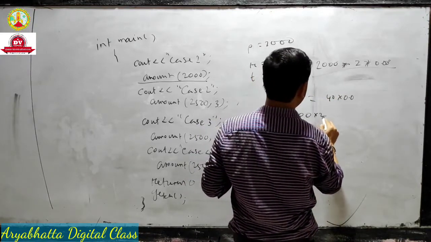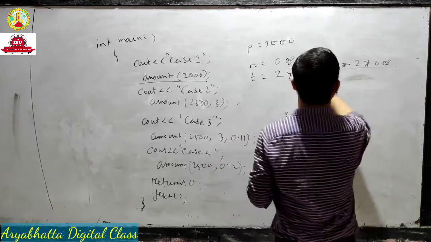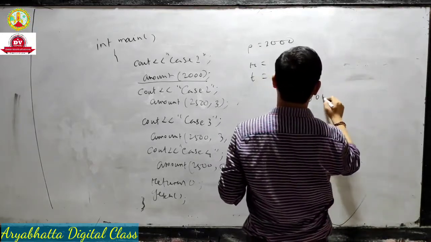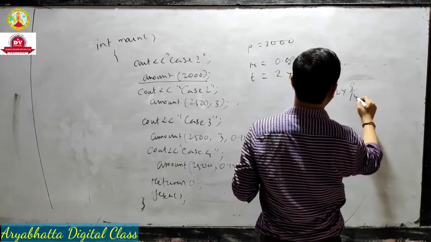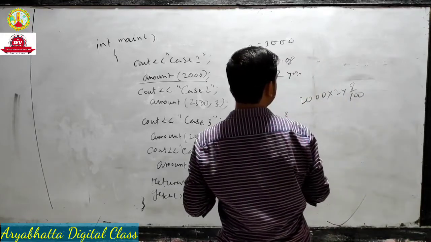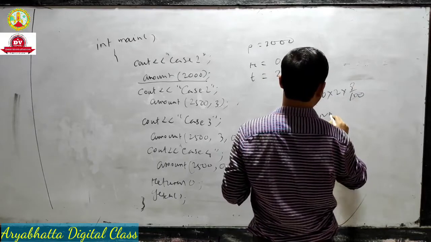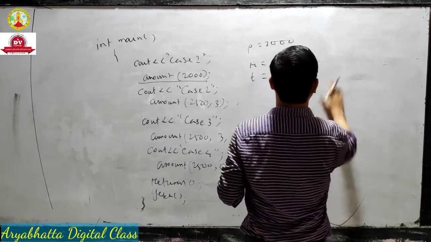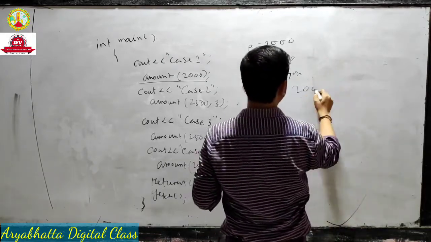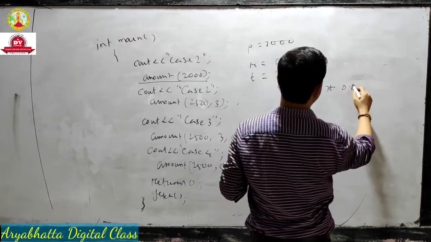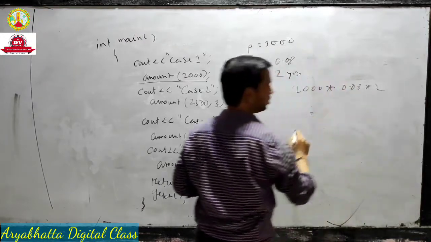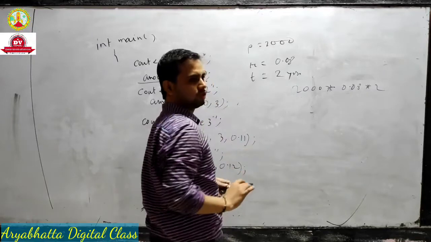2000 into 2 into 8 by 100. We already did it like this. Why don't we divide by 100?